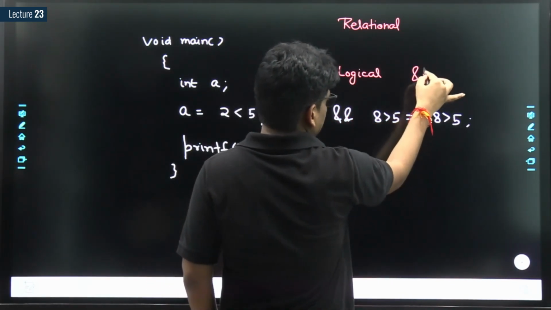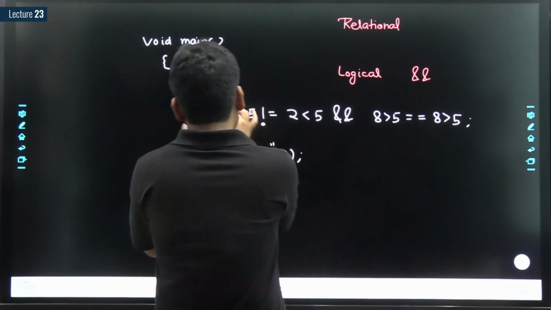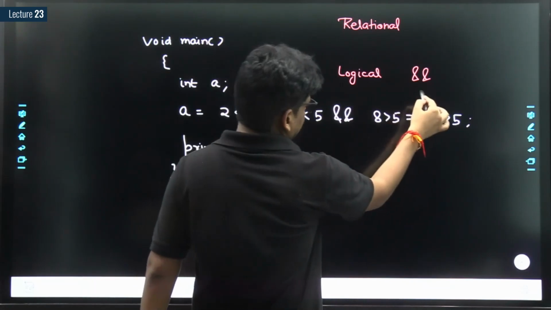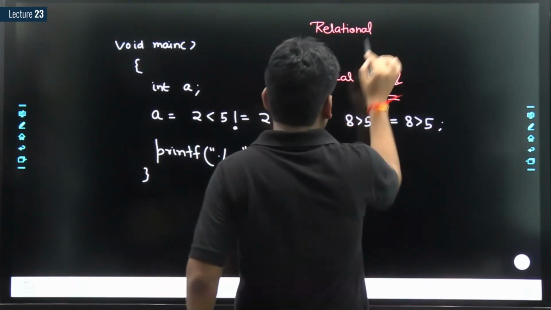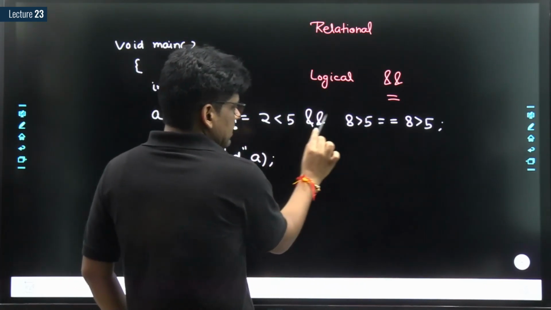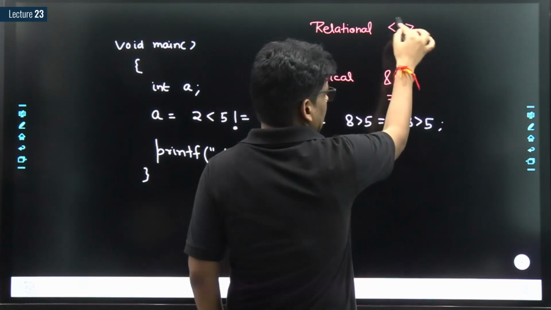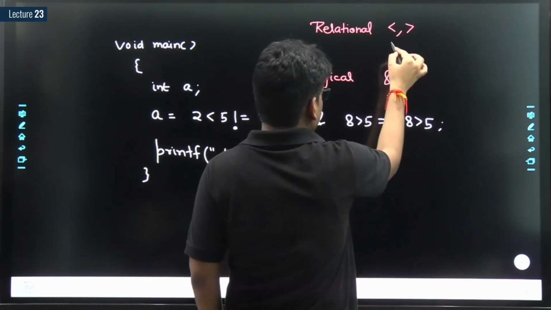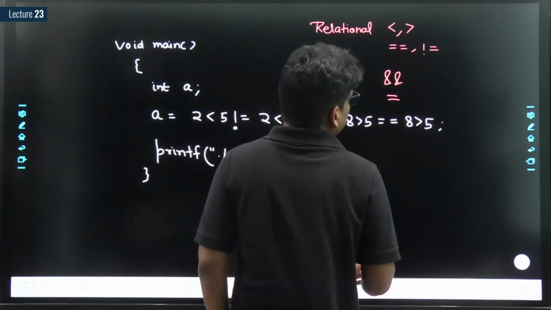That means the priority of AND is less than relational operator. And I am not talking about assignment statement, because assignment has least priority. Among relational, what we have? Less than, greater than. Less than and greater than are of higher priority as compared to double equals to and not equal to.